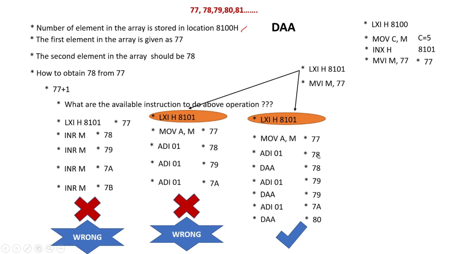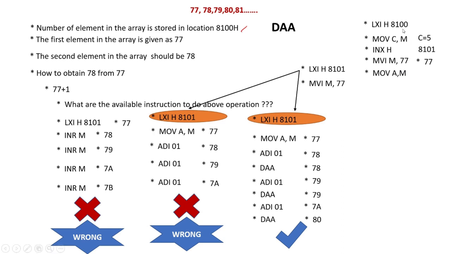For that we need to use this method. The first number, 77, should reach the accumulator so that we can obtain 78 after addition with 01. So this data, which is now available in location 8101, we need to move into the accumulator by means of this instruction.